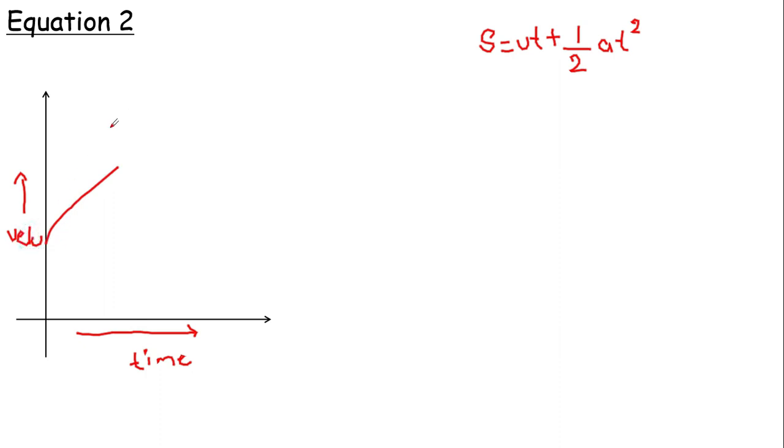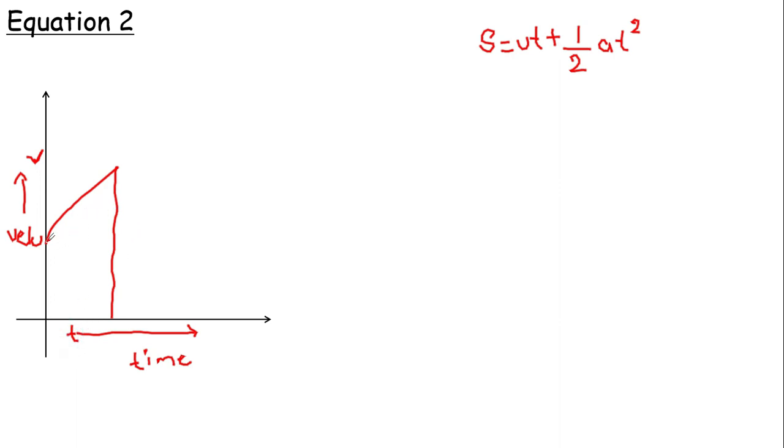After some point it reached its final velocity, that's v, with regard to some time. Here time has changed. This is the graph of that equation, this is u and this is v, and this is the time taken to reach from here to here.